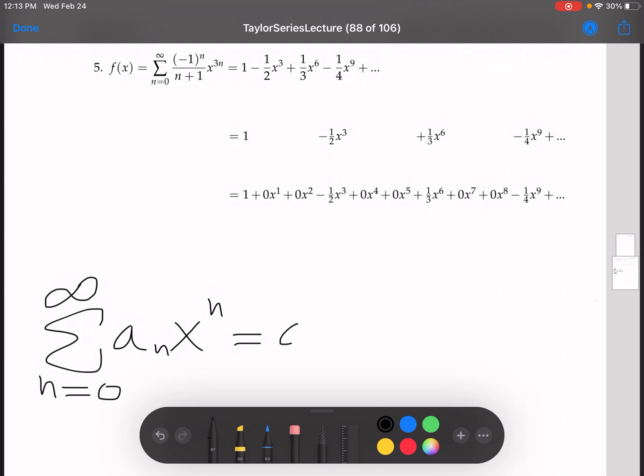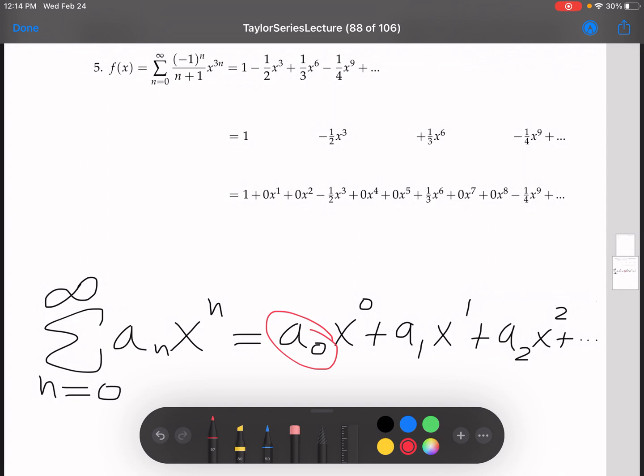All right, so this thing's going to look like a0 x to the 0 plus a1 x to the 1 plus a2 x to the 2, and going on forever and ever like that. But the point here that I want to make is, look, a0 goes with x to the 0. a1 goes with x to the 1. a2 goes with x squared, or a2 goes with x to the 2.